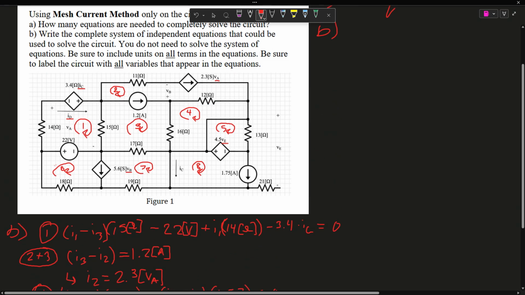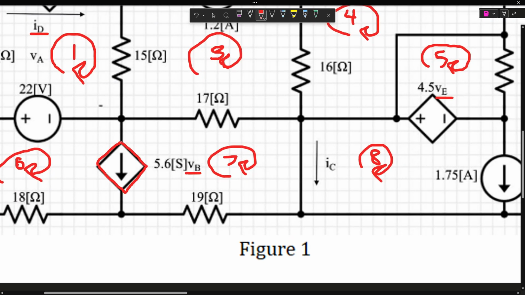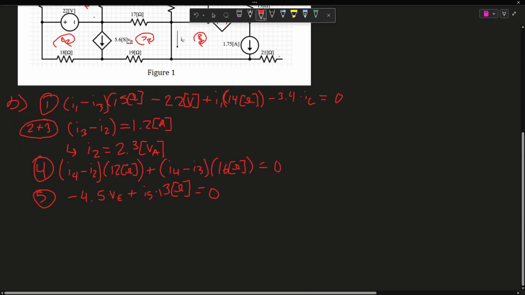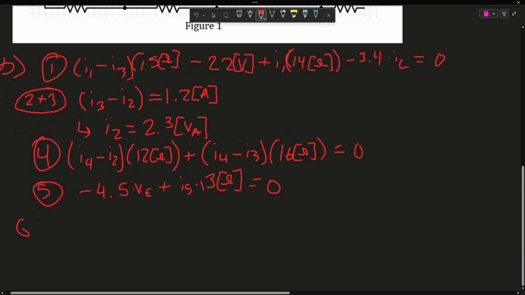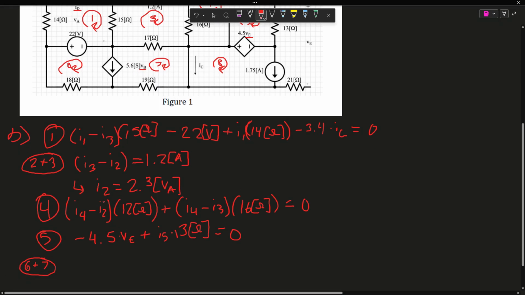So now we go into our 6th and our 7th loop, and we see that there's actually a super mesh right here. So we have to do two equations for this one, and this will look like I6 minus I7 is equal to this number right here, 5.6.